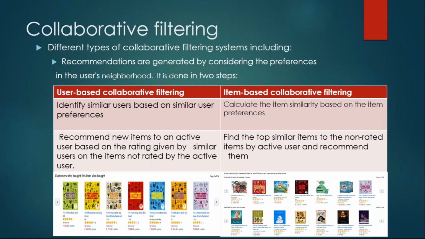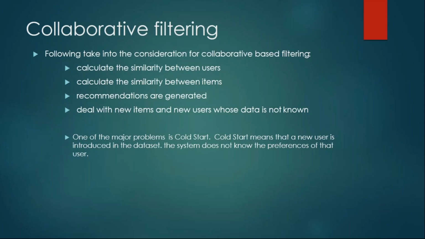Another term for collaborative filtering is also user experience. So, when taking collaborative filtering into consideration, we calculate the similarity between users and the similarity between items. Based on this, recommendations are generated.